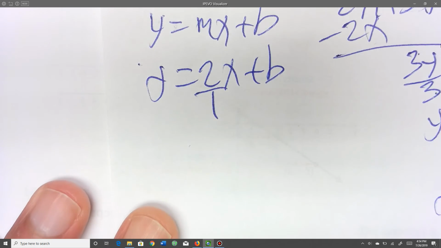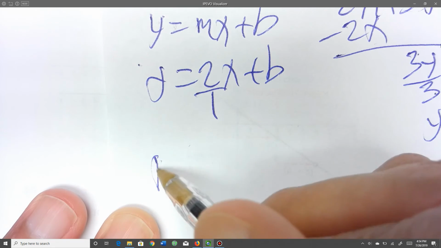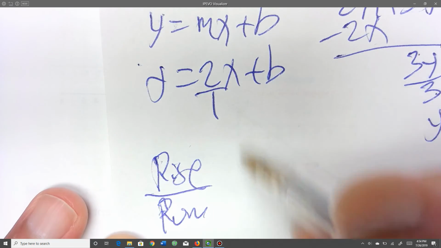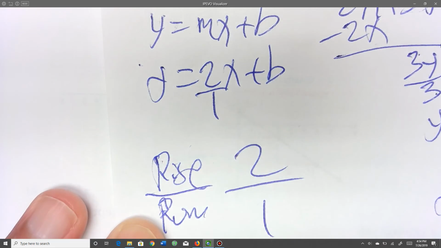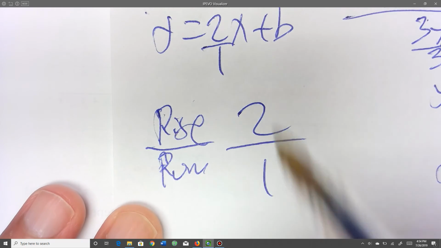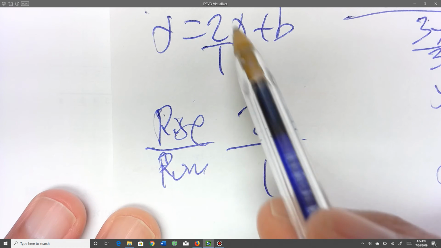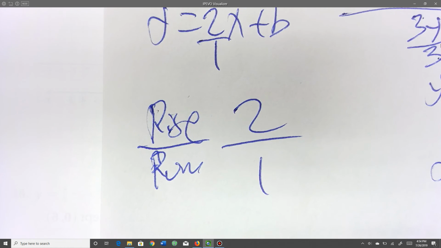Because you still are going to need a rise and a run. That 2 is going to be your rise, and that 1 is going to be your run. So think about integers as being fractions, dividing by 1. That should be your rise over your run.